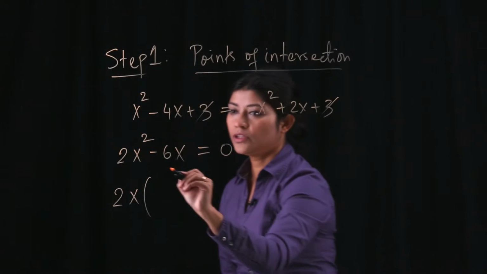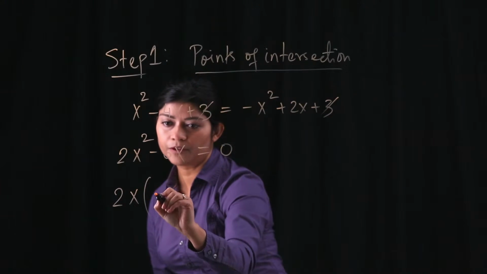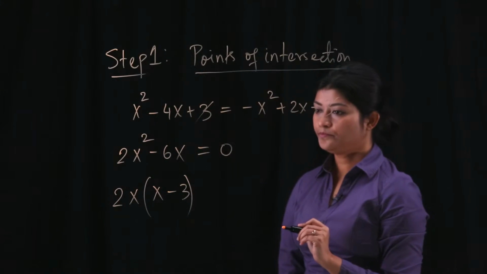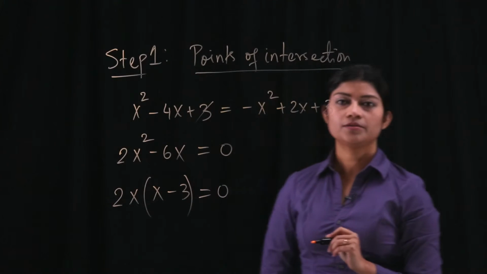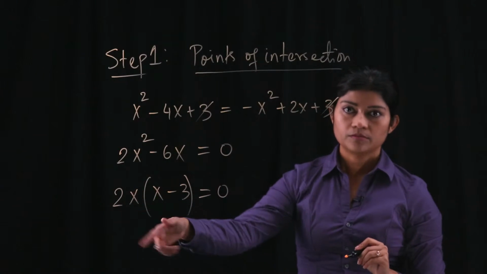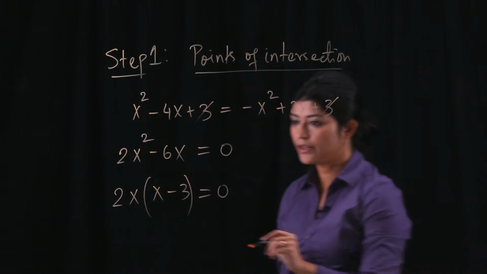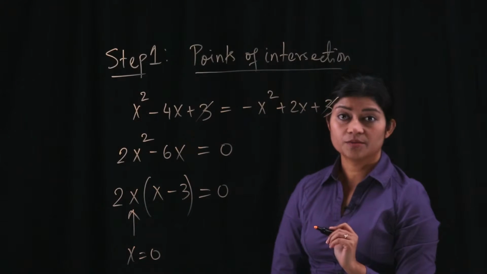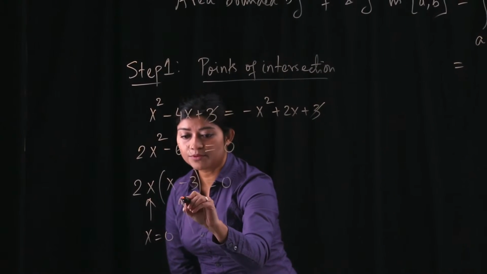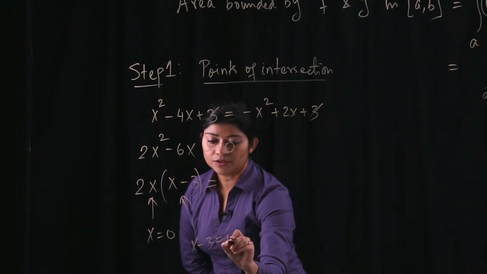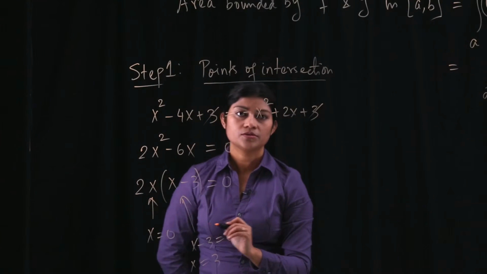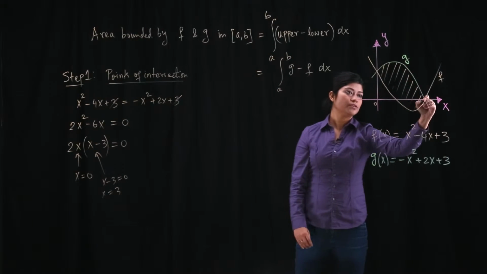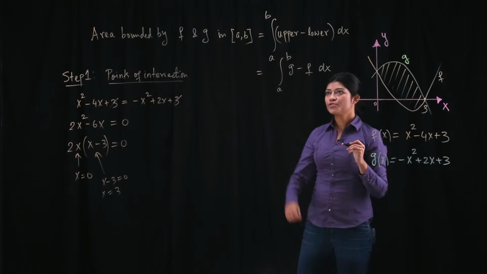Pull it out and you are left with x from the first term and negative 3 from the second term, equal to 0. Each factor can be set equal to 0. Setting the first equal to 0, you get x equals 0. Setting the second equal to 0, you get x equals 3. So the interval where this region lies is between 0 and 3. Now we have our A and B.